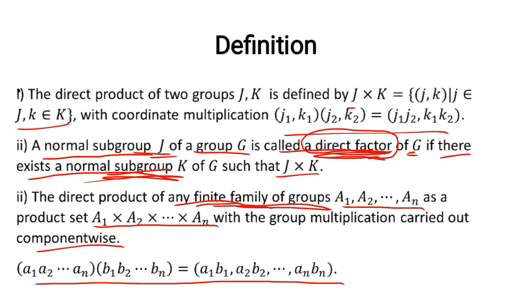So the elements, in this particular case here, is defined for elements in A and B, okay? When we have elements in A cross B, we're stemming from A1 all the way to An, okay? So that's what we call a direct product of a finite number of groups, okay?